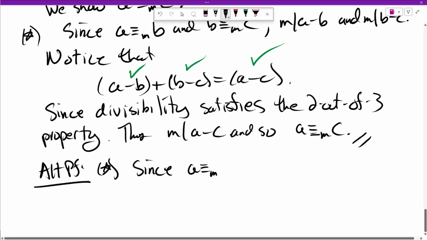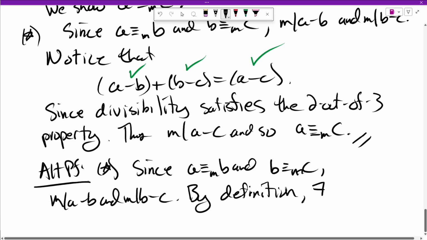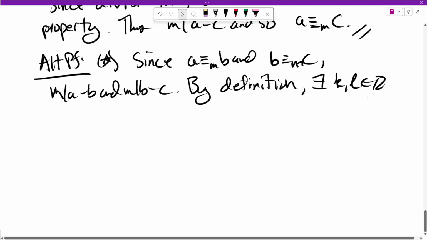Since a is congruent modulo m to b and b is congruent modulo m to c, we know that m divides a minus b and m divides b minus c. Then by the definition of divisibility, there should be some k and l such that a minus b is km, and b minus c is lm.